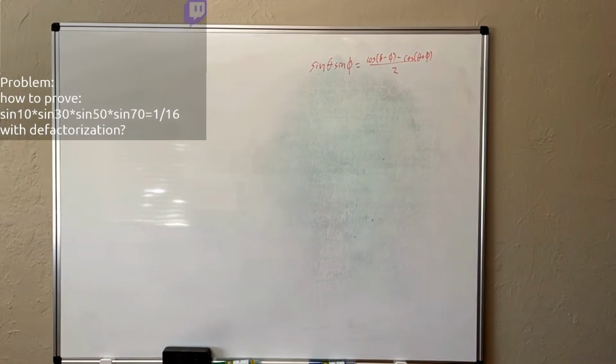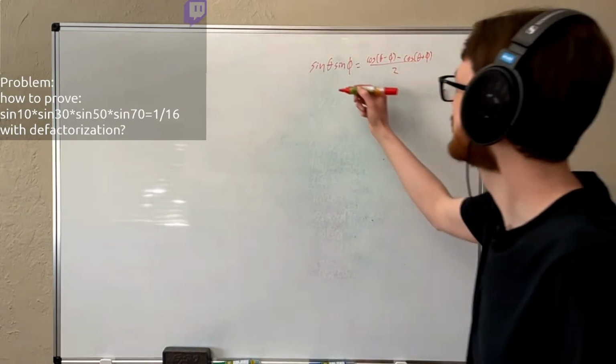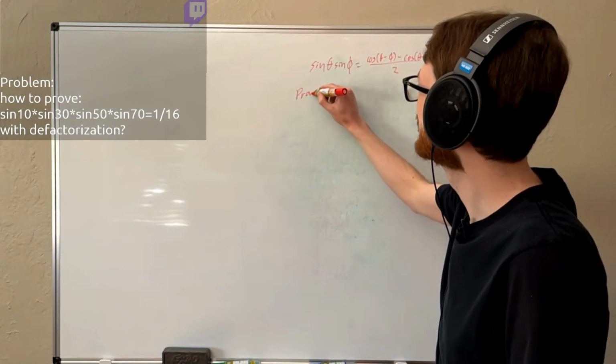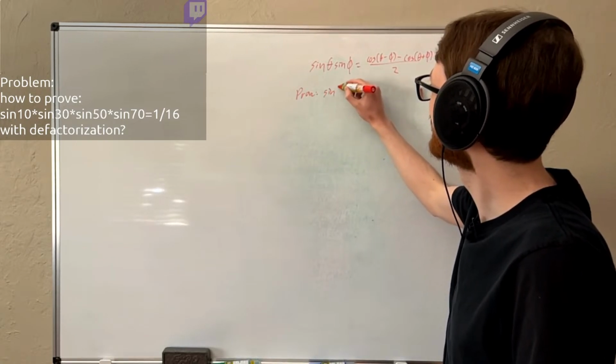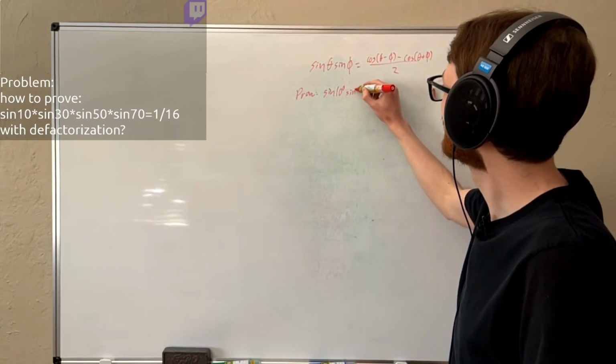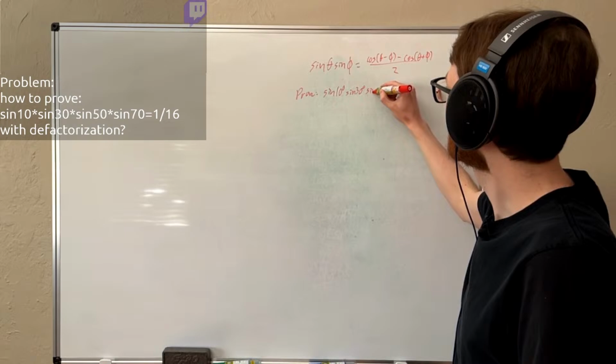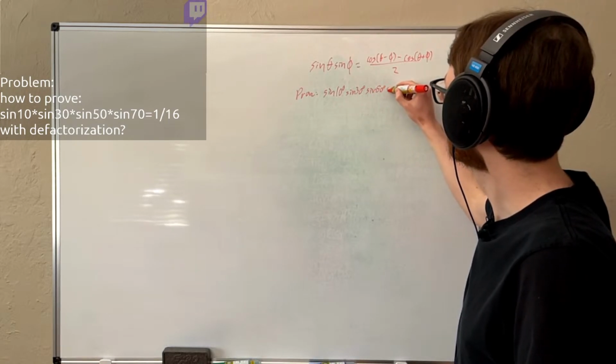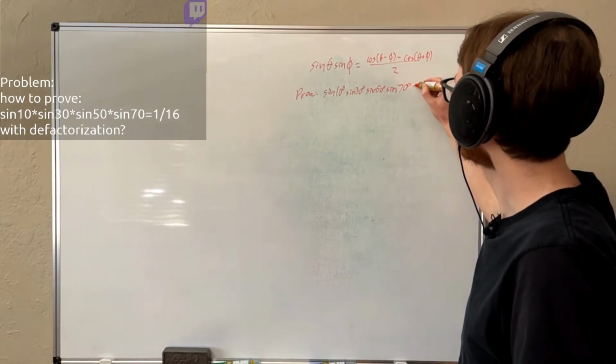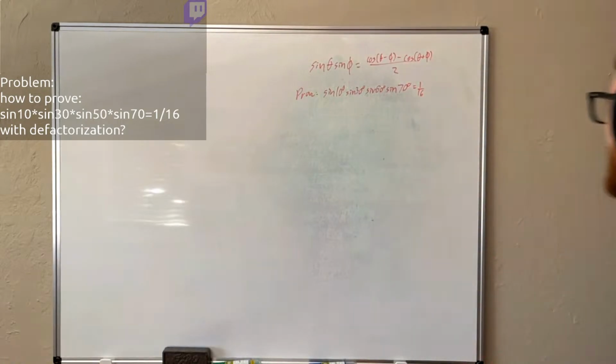Then the actual problem itself is: we want to prove sine 10 sine 30 sine 50 sine 70 is 1/16. Okay.